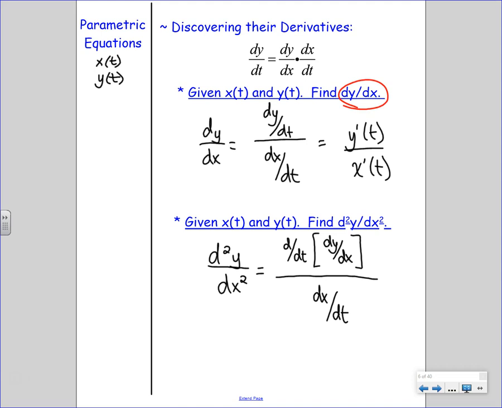This is new though, right? This is not quotient rule. This is an application of the chain rule to parametric equations. If we have two separate equations put together, which makes a parametric curve, like you did with orientation on the polar parametric quiz, remember that the paths can be curved, circular, hyperbolic, functions, or not functions.